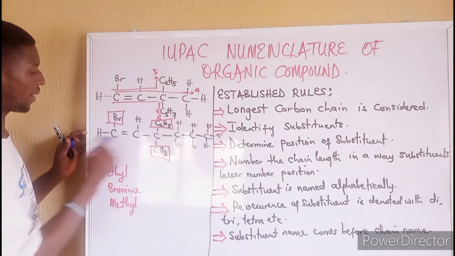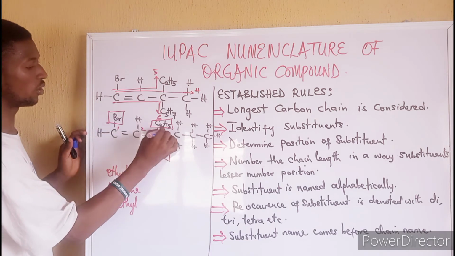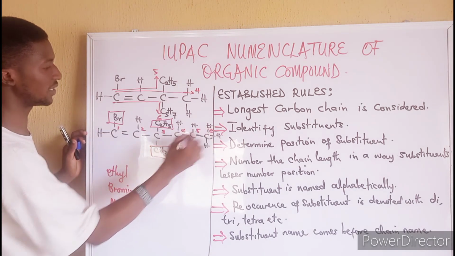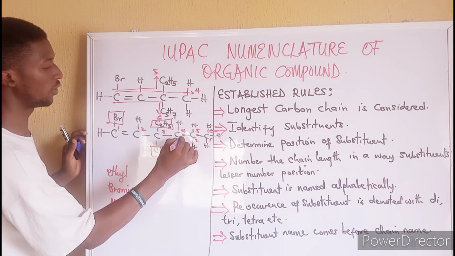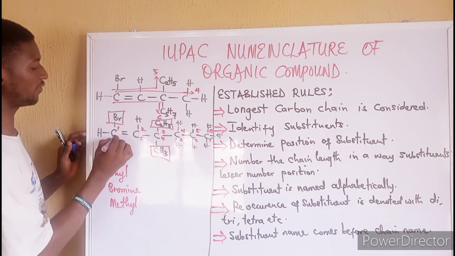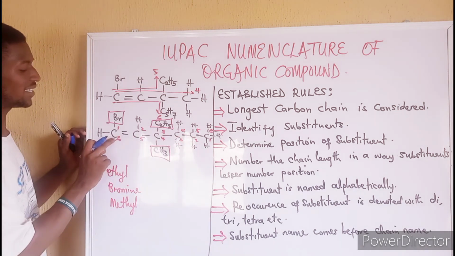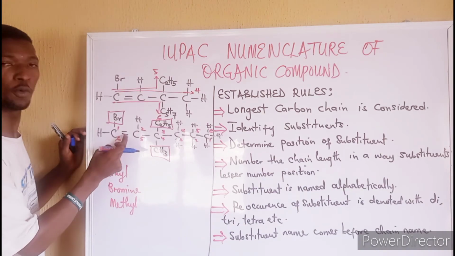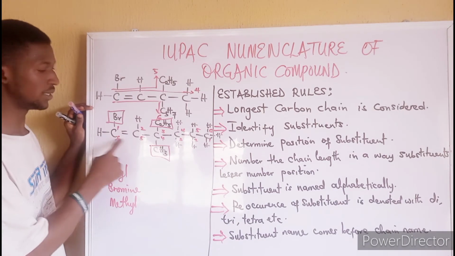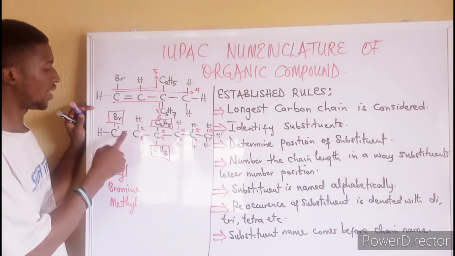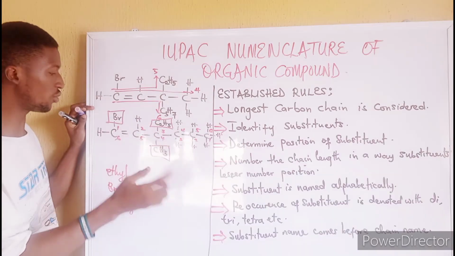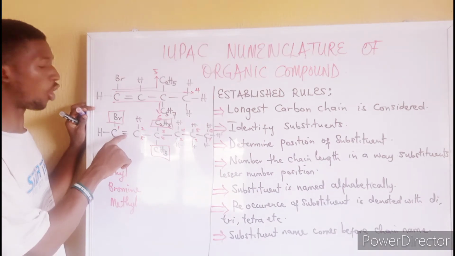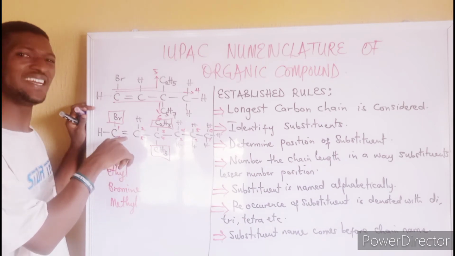So now let's number in such a way that the functional group will take a lesser value. Let's go in a forward and backward direction. 1, 2, 3, 4, 5, 6. Backward, 1, 2, 3, 4, 5, 6. Now you realize that in this case, the carbon carrying this double bond here is taking position 6. However, with respect to the rule which I have given you, the double bond or triple bond must have lesser value.